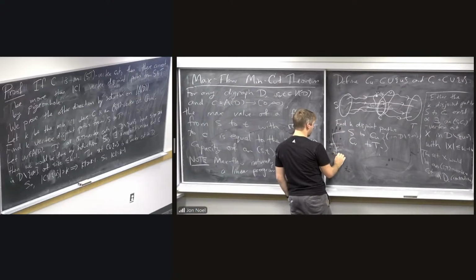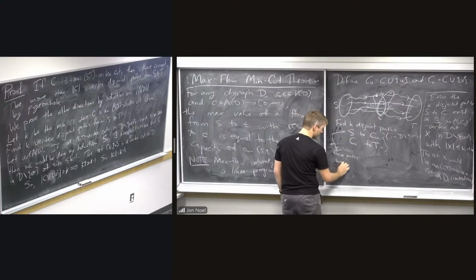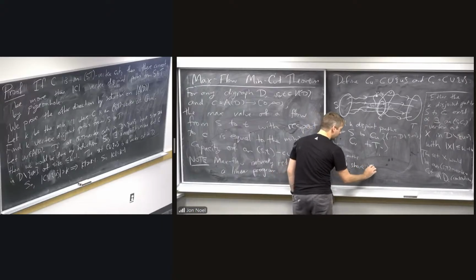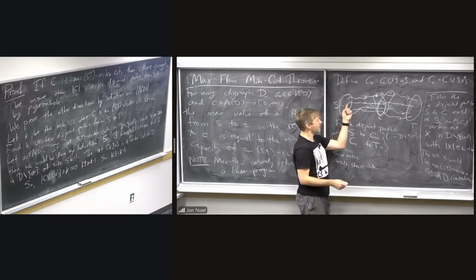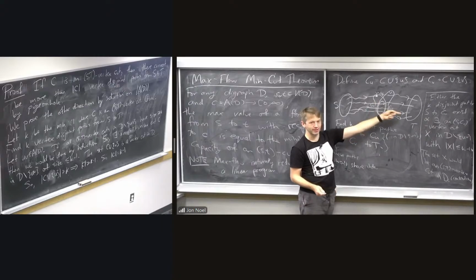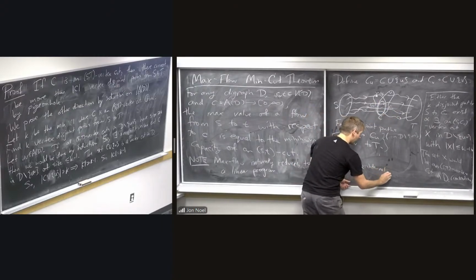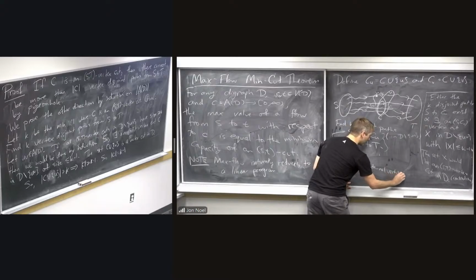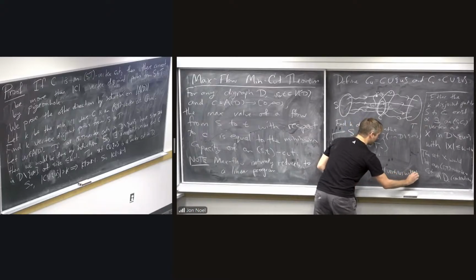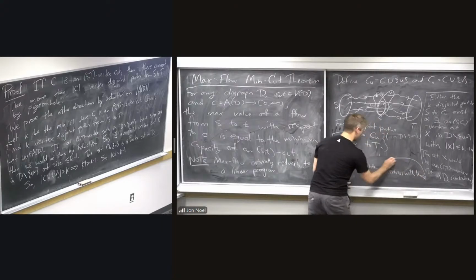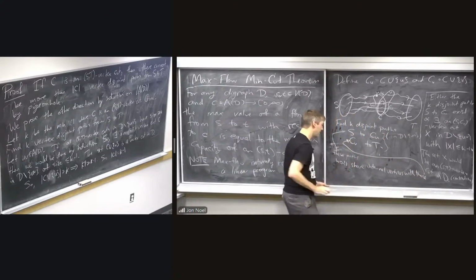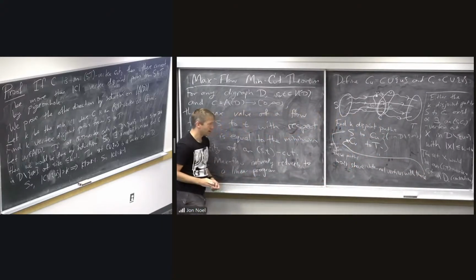These paths won't share internal vertices. Of course, this path has the same end vertex as the start vertex of the other one, but they won't share any internal vertices. Can anyone see why that's the case?